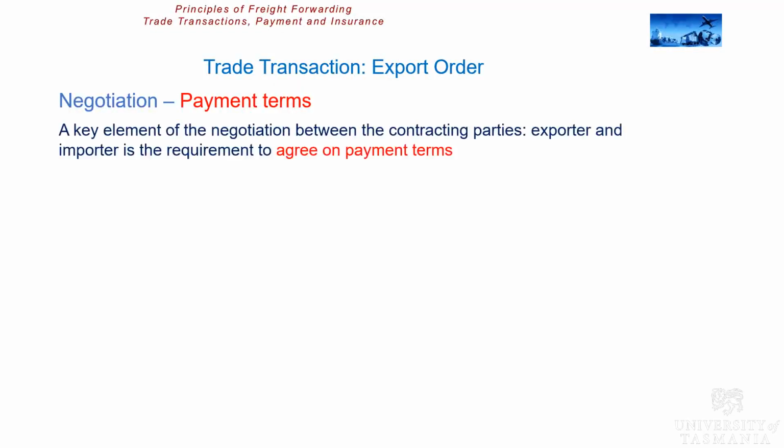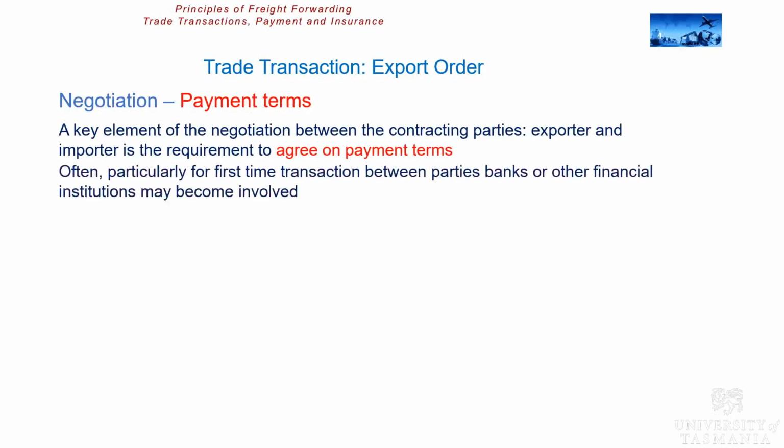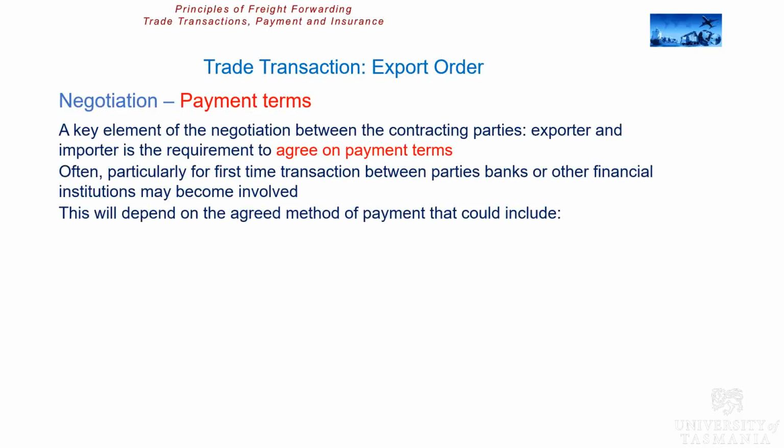Payment terms are a key element of the negotiation between the contracting parties, and it's a requirement that they agree on payment terms. And it's particularly important if it's a first-time transaction, as banks and other financial institutions may become involved in that particular scenario.